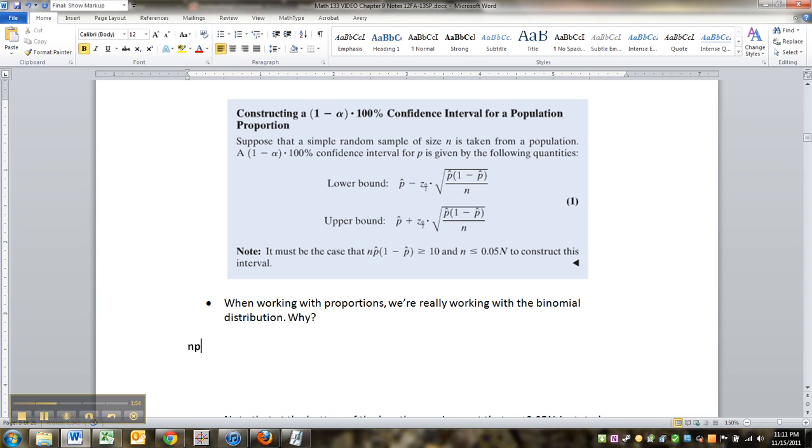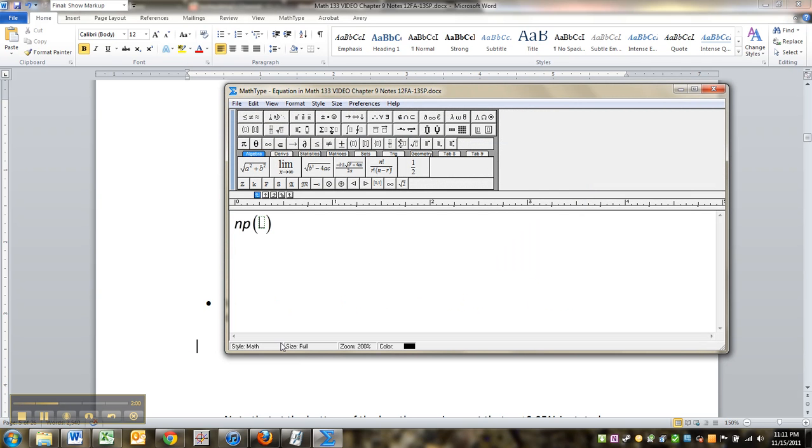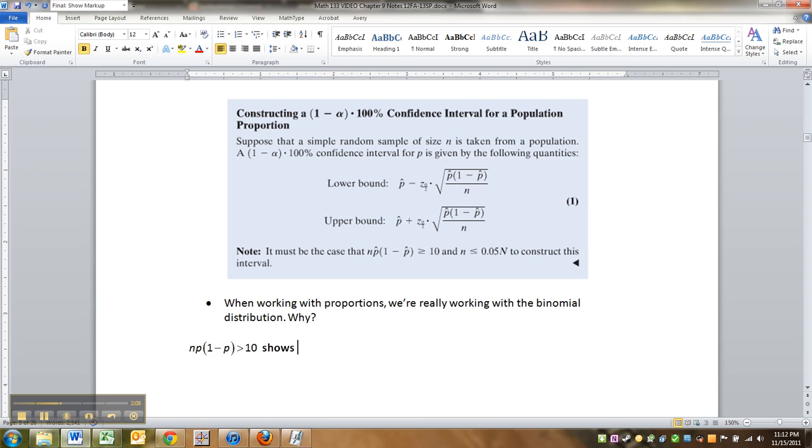So n times p times 1 minus p here, n times p times 1 minus p greater than 10, shows that the binomial distribution is approximately normal, which is good.